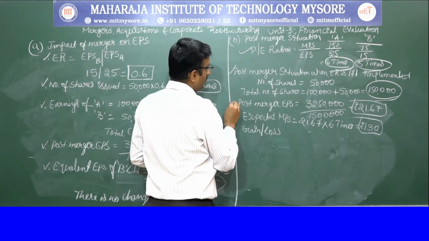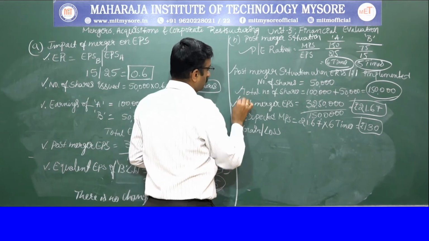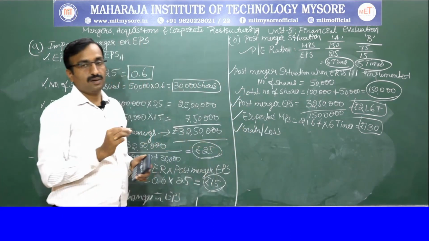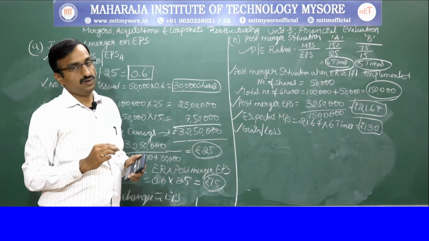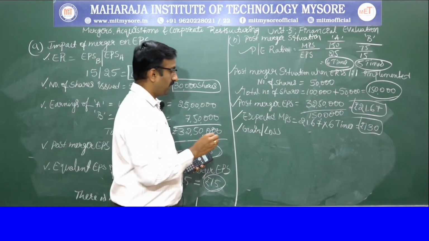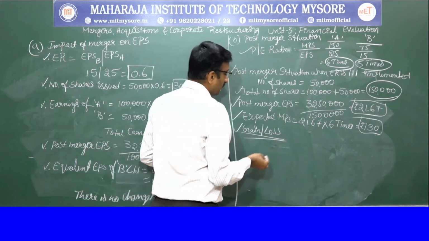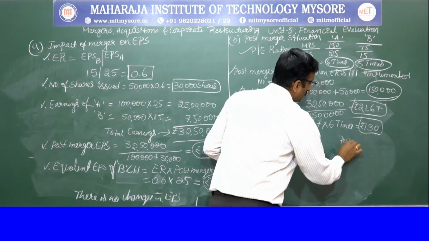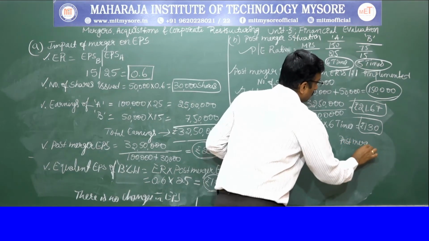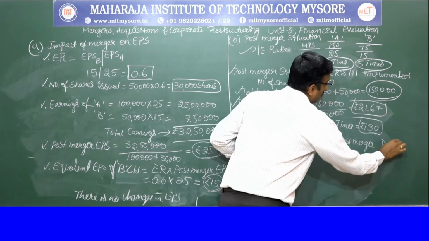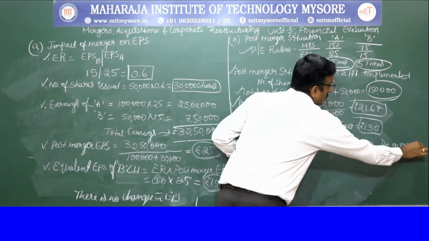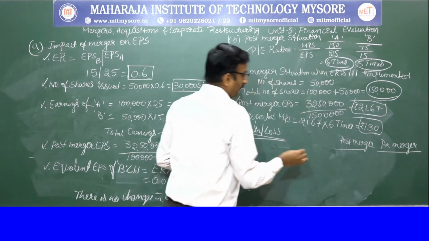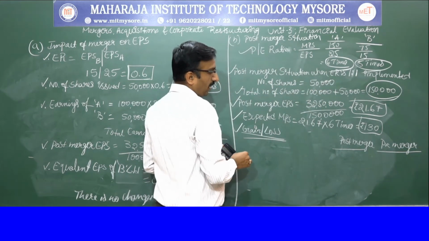We found the P/E ratio, the post-merger number of shares, post-merger EPS and expected MPS. Then find out whether the company got a gain or loss. So take the post-merger value first, then the pre-merger value. We will take a table here, post-merger and pre-merger, separately for A Limited and B Limited.